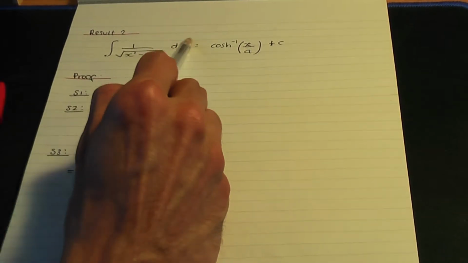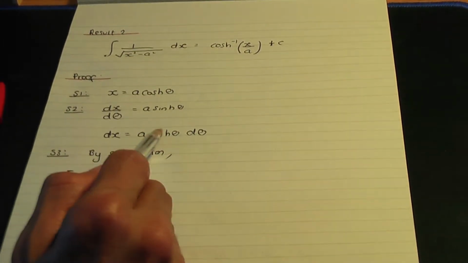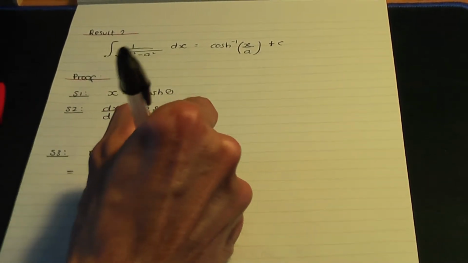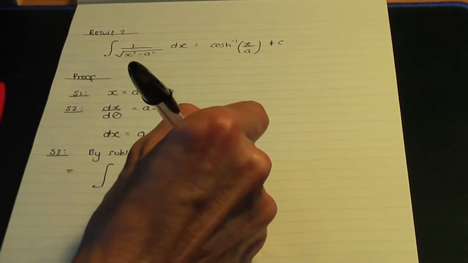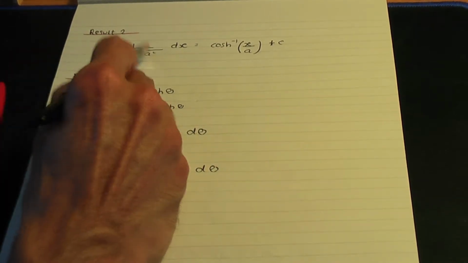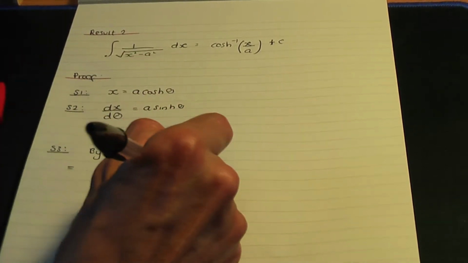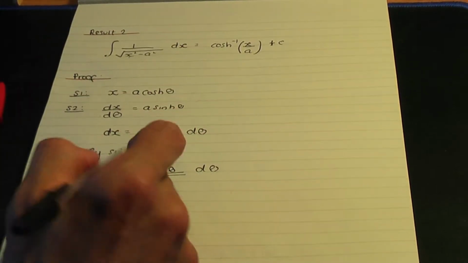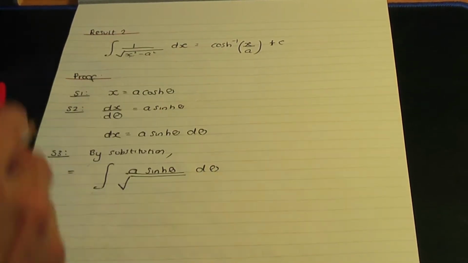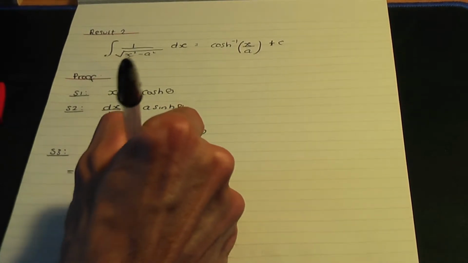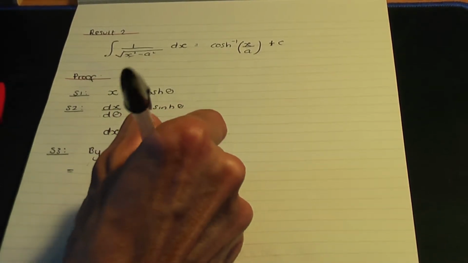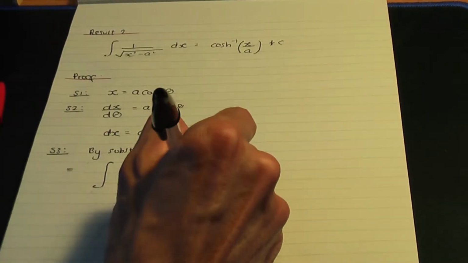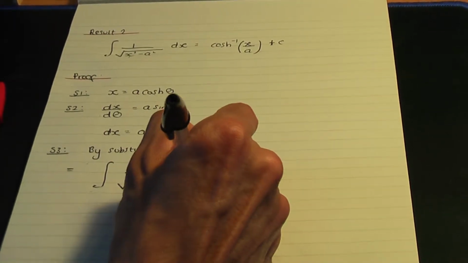The dx over here we're going to replace by a hyperbolic sine theta d theta. So a hyperbolic sine theta d theta divided by the square root of x squared. So x is a hyperbolic cos theta, so we'll have a hyperbolic cos theta squared, so don't forget the squared, minus a squared.